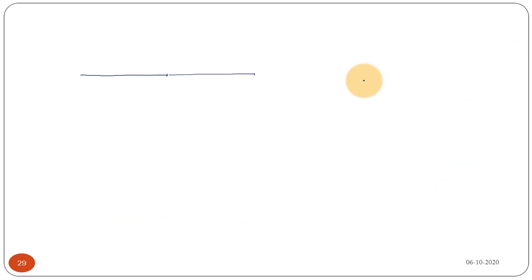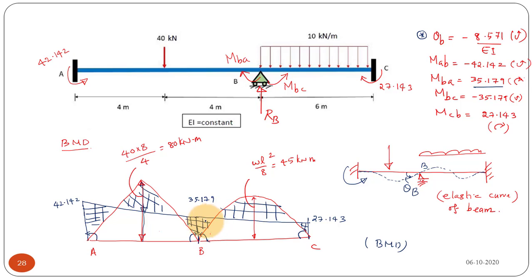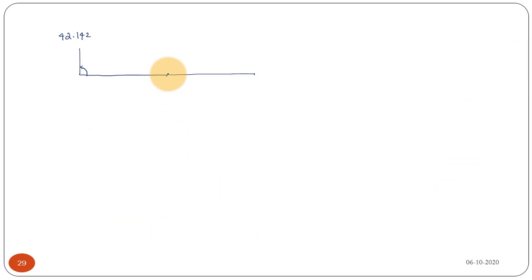So here we have the hogging moment, negative 42.142. And at support B we again have a negative moment of 35.179. All the negative moments are drawn above the line in this drawing.